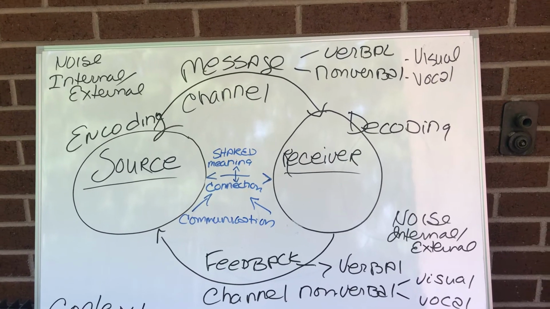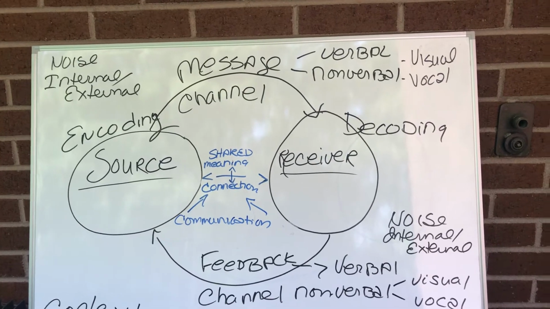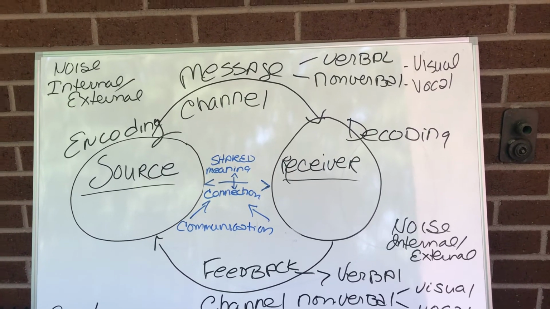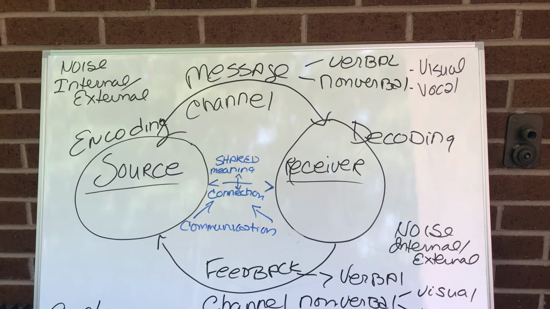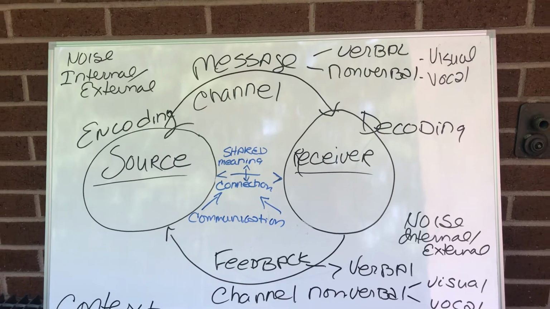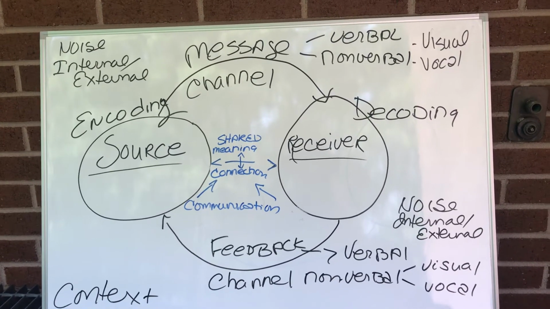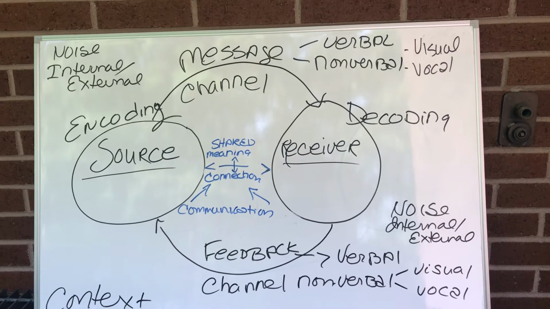The source decides, how am I going to get my message across? What vocabulary am I going to use? What examples? What's the emotion? What's my pacing, diction, setting, all those choices. But the source encodes the message over to the receiver.